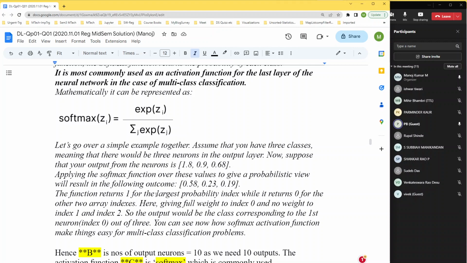Whenever they need something like a probabilistic range, they will come up with something out of the box, like this particular equation. They will come up with anything that can bring the whole calculation within the range of 0 to 1.